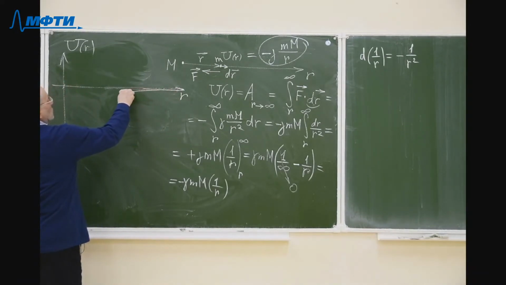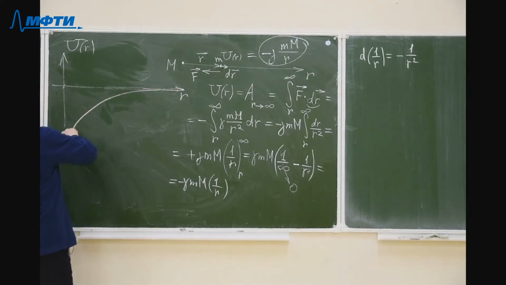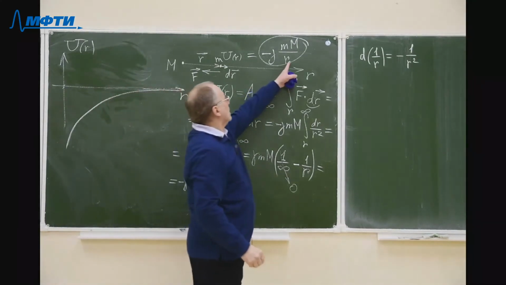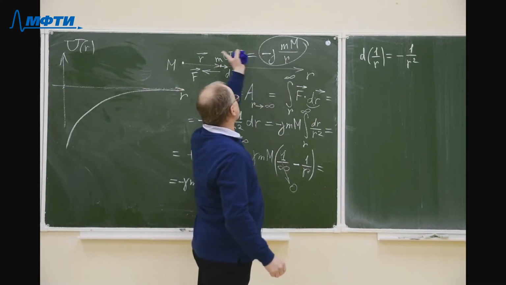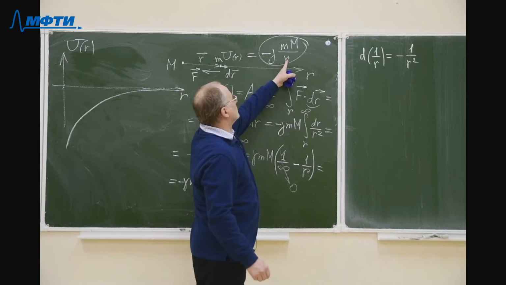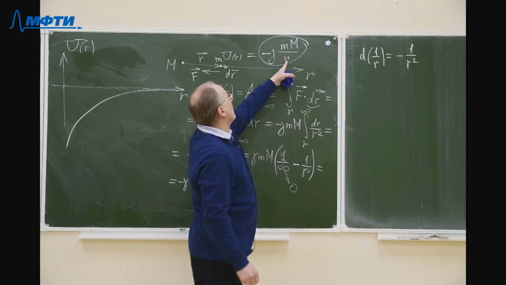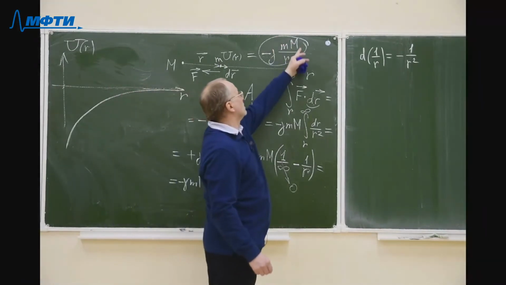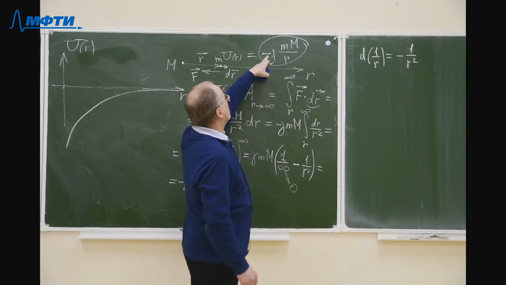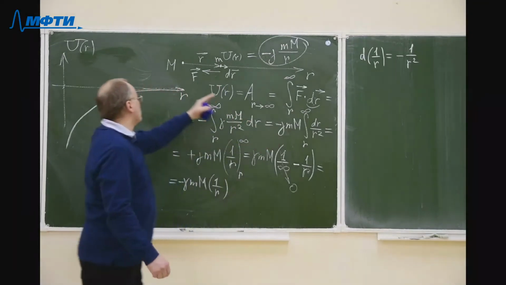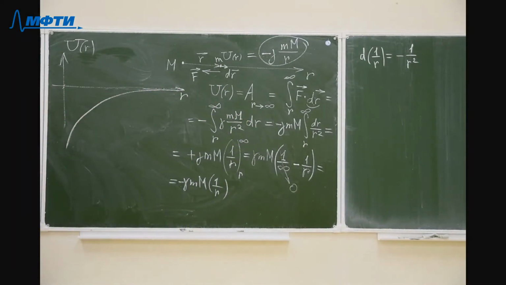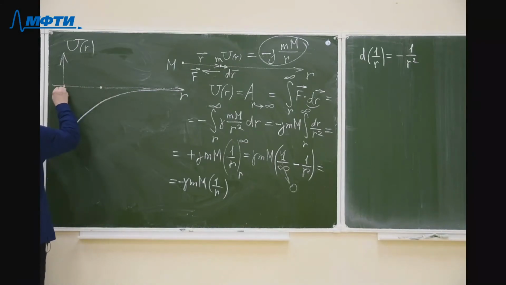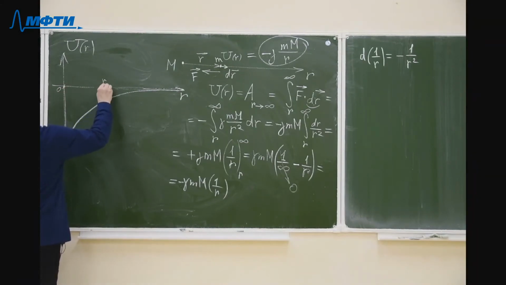But if you go to smaller distances, the potential energy will be non-zero. It will increase in magnitude as r decreases. And as r goes to 0, this expression will give you an infinitely large number, but always negative. So the graph of this function looks like this. That's the potential energy at distance r.